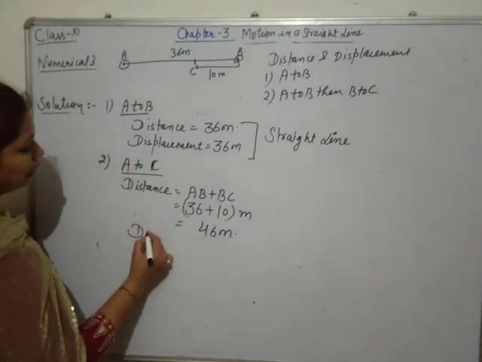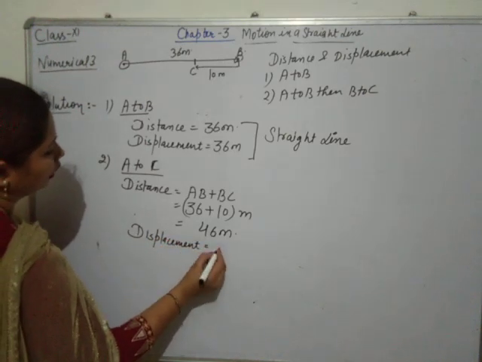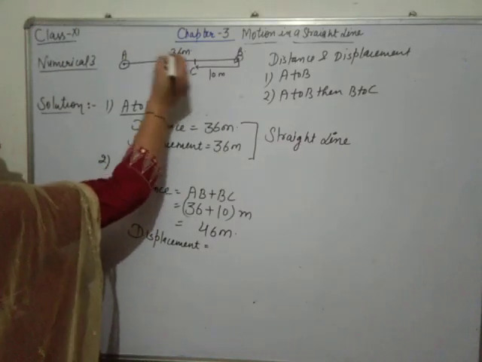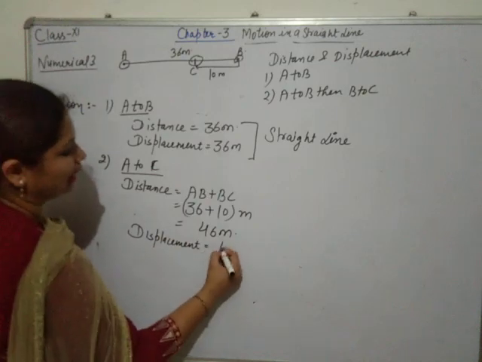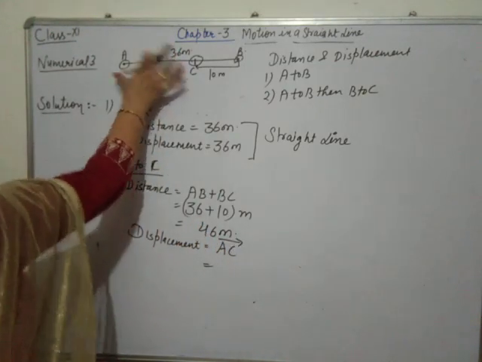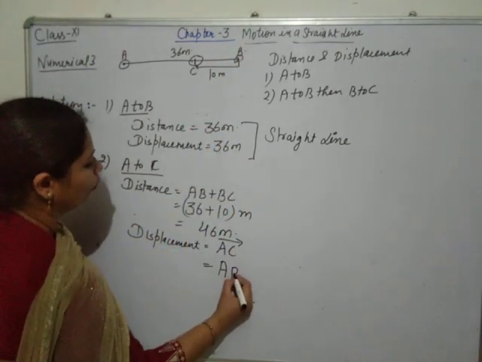What about displacement? Displacement is from starting point to ending point. It is from A to C. What is AC? Total is given to you, means AB is given to you.